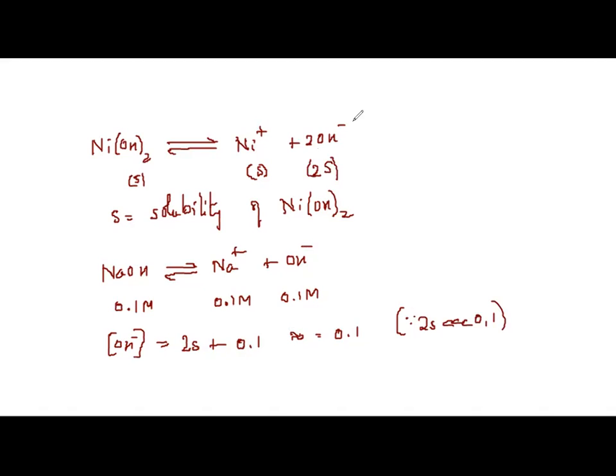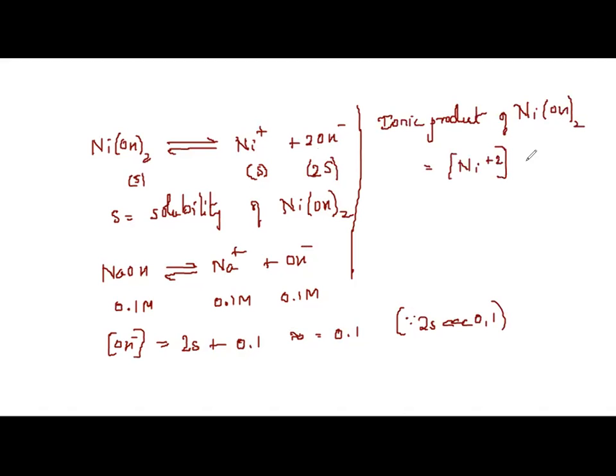Now, what is the ionic product of nickel hydroxide, Ni(OH)2? I'll write it as Ni2+ concentration into OH- concentration raised to 2, because there are 2 OH-.